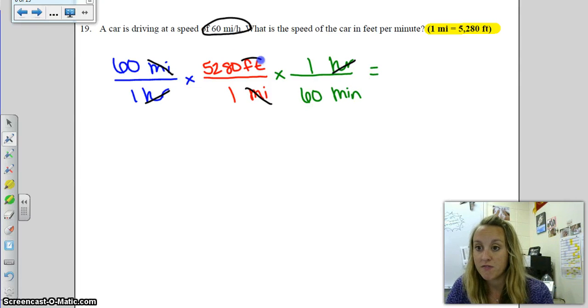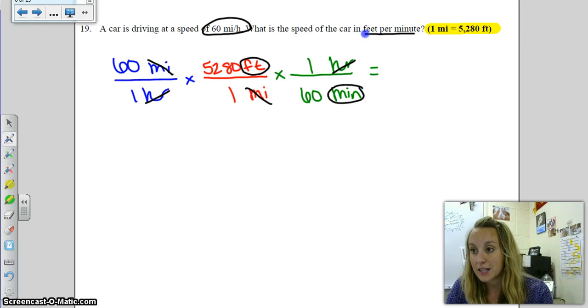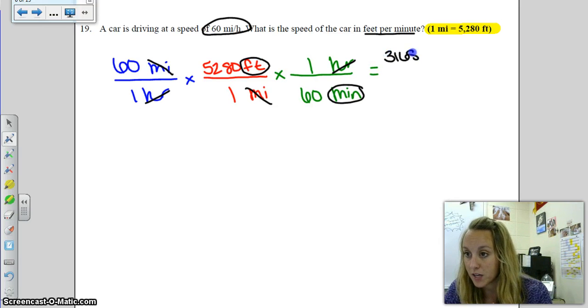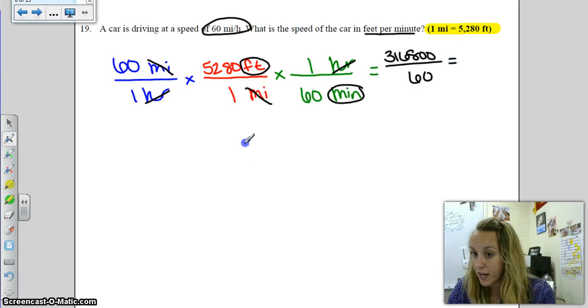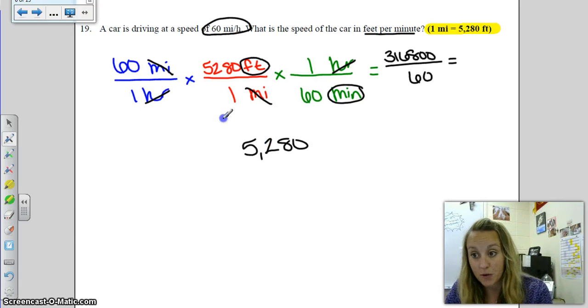I am left with feet on top and minutes on bottom. And that is exactly what I want. So 60 times 5,280 times 1 is 316,800. Divided by 1 times 60. So that'd be 60. When you do that division, yes, you end up with that same number of 5,280. And now you need a label, feet per minute.